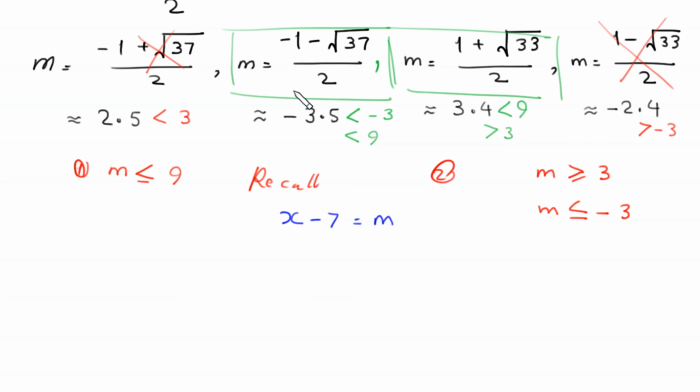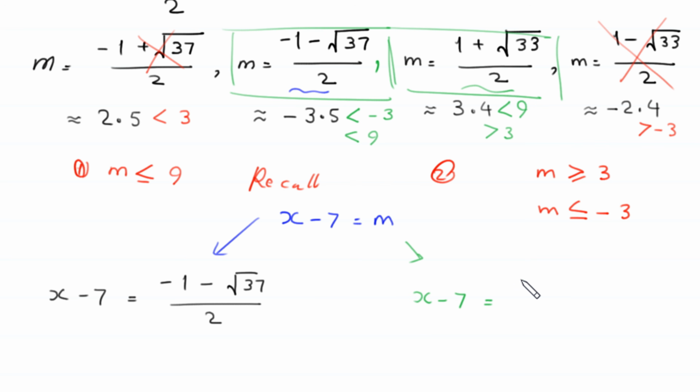So when m is equal to this value, then this equation will become x minus 7 is equal to -1 minus root 37 over 2. When m is equal to this value, then this equation will become x minus 7 is equal to 1 plus root 33 over 2.